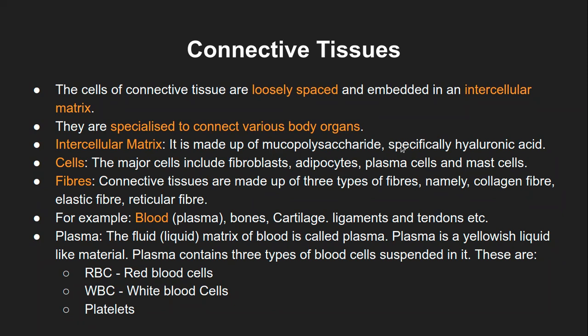So that matrix is not actually an empty space or a gap, but because these cells are loosely spaced, we call it a gap between the space, which is filled with this matrix-like material. And it is called matrix because something is placed inside it, right? The cells are placed inside this whole tissue-like network, and that is why it is called matrix.